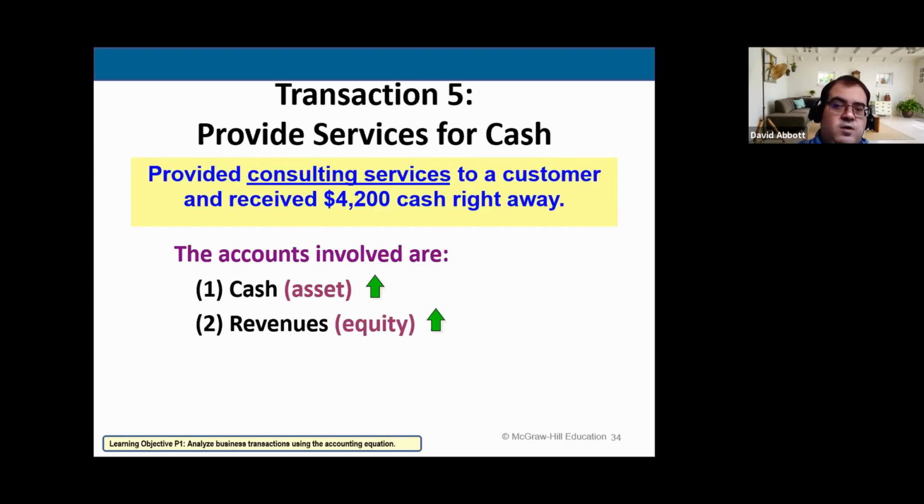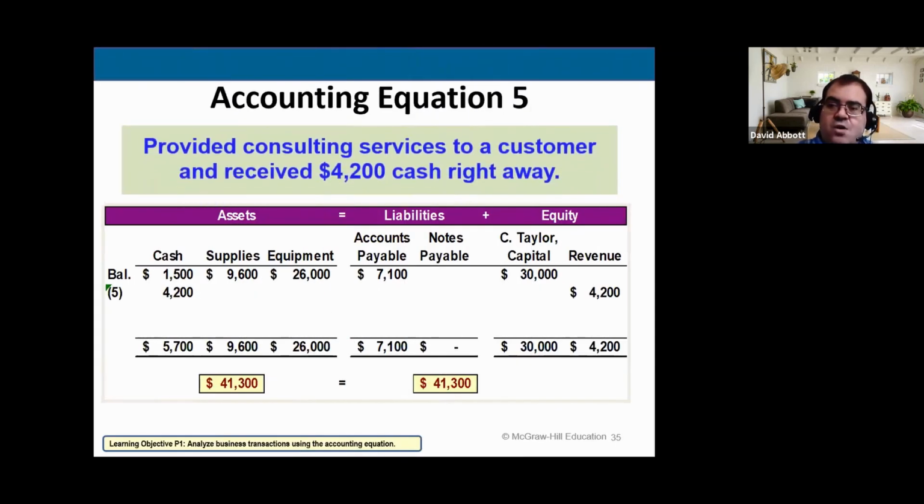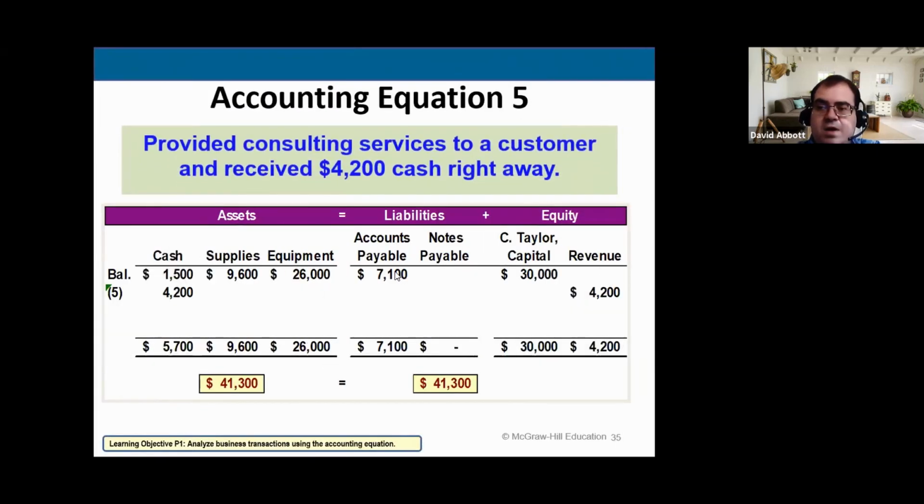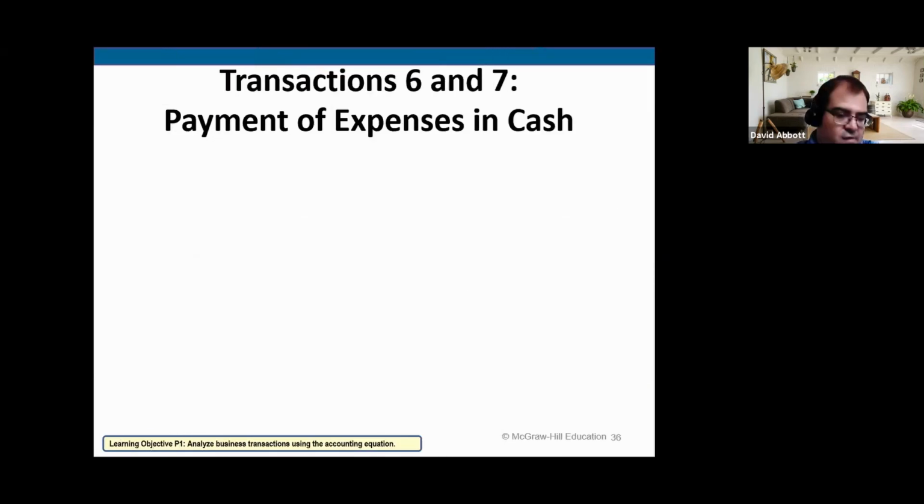Both of those would increase. And so we see here, and I'll go back real quick, cash is increasing, so we would debit cash because we always debit to increase an asset. And then revenues, we would have to credit because we're increasing revenues, because it's on the other side of the equation. So we see here that cash, $4,200, is increasing. And we see here that revenue is increasing by $4,200. Notice that we are still in balance.